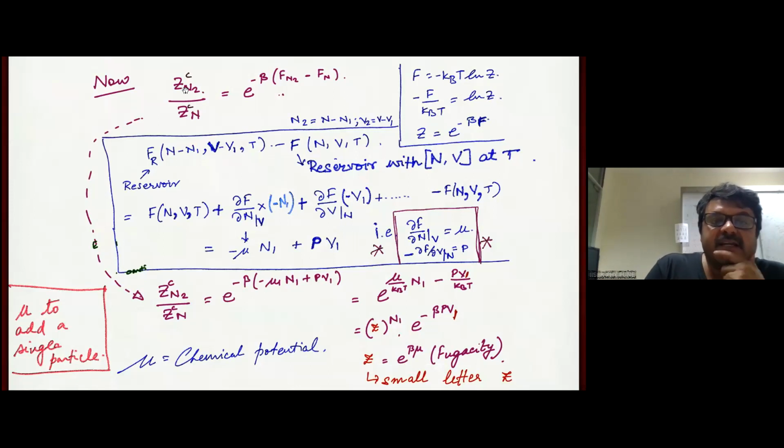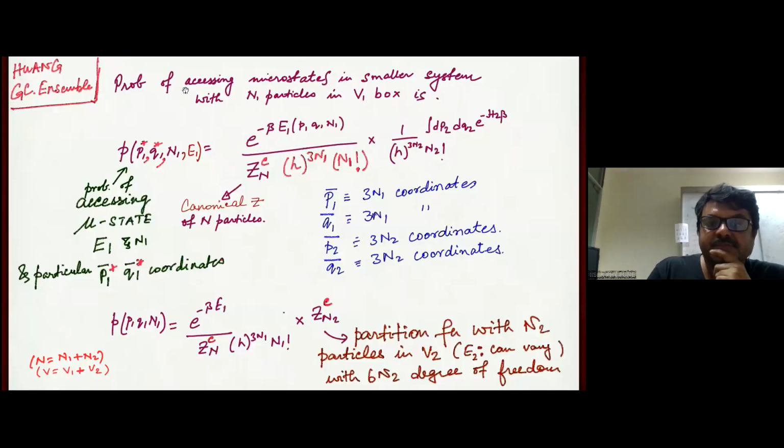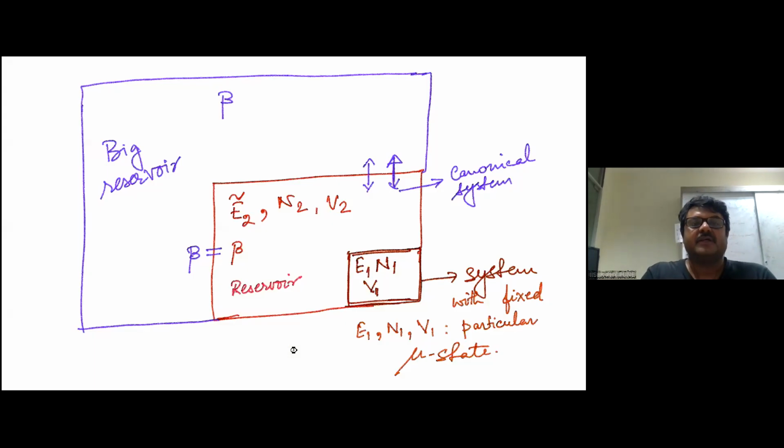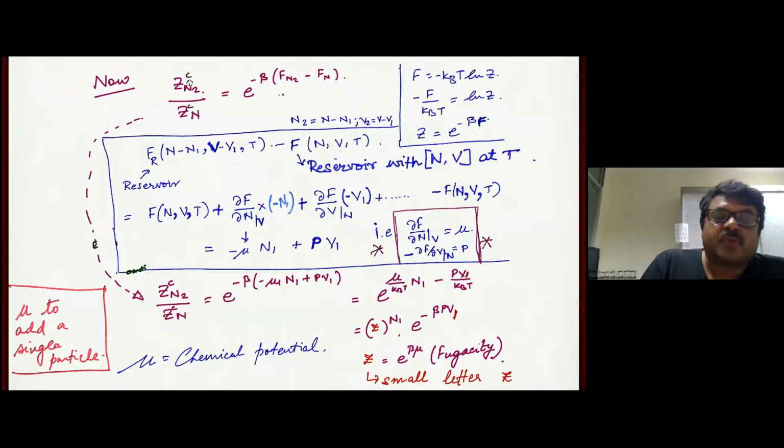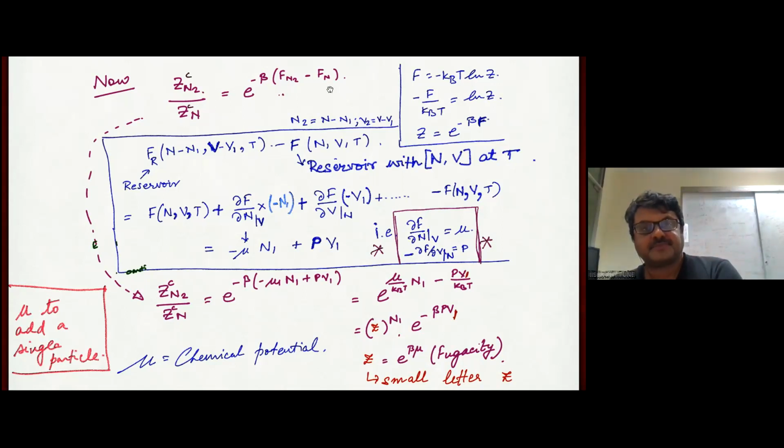So what did we get? We got ZC N2 over ZC N, and e to the power minus beta E1, h to the power 3n1, and n1 factorial. So this quantity which you saw, the canonical partition function with N2 particles upon the canonical partition function with N particles, can be written as e to the power minus beta, free energy with N2 particles minus free energy with N particles, right?